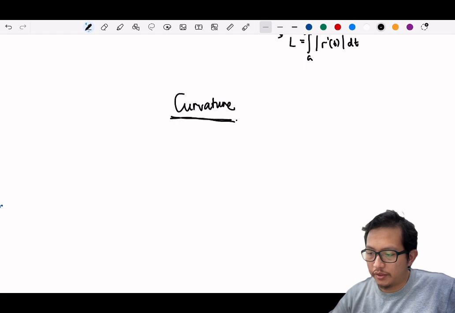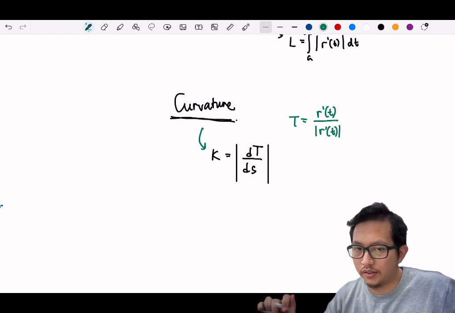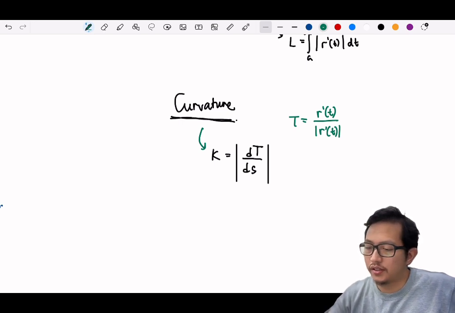The curvature is defined by the derivative with respect to s of the unit tangent vector. T is the unit tangent vector, which is defined from the tangent, or the first derivative of the vector. The curvature gives you a sense of whether the curve is smooth or not.